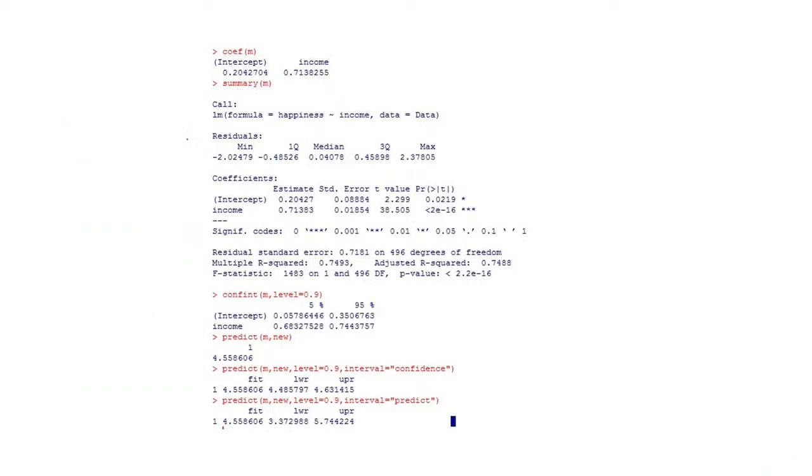So if you look at the output, you see that coef n gives you the intercept term and income. Income means this is the slope, the estimate of the slope or regression coefficient.